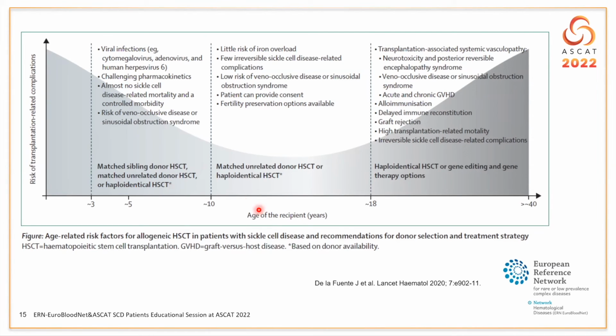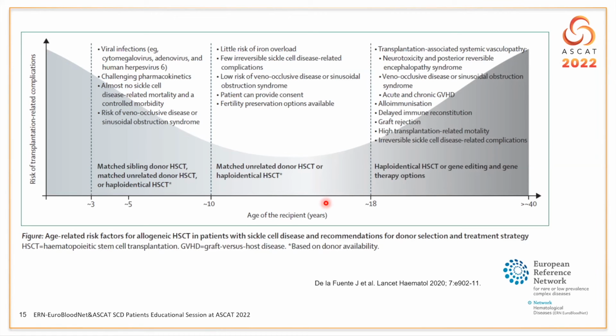We do have a big experience in haploidentical transplants for other diseases such as non-malignant disorders, and this approach of a transplant from a haploidentical donor has been demonstrated to be effective also in the setting of sickle cell anemia.